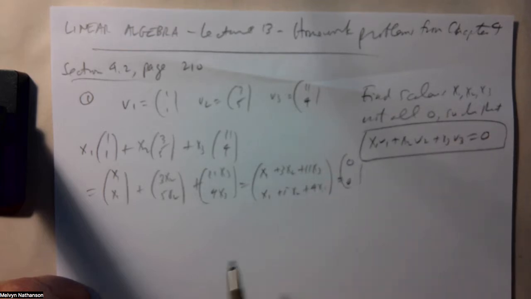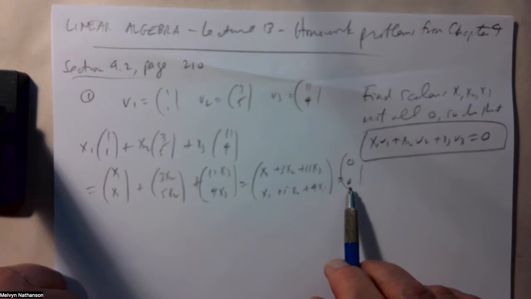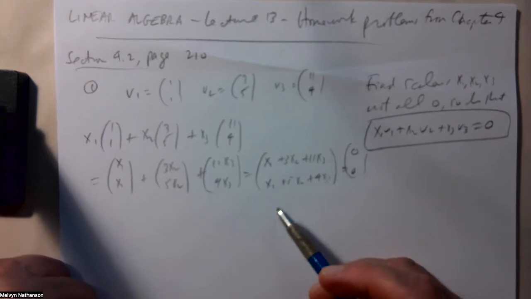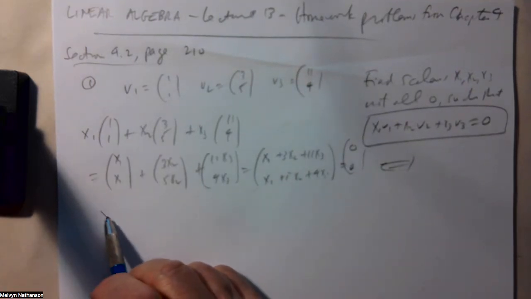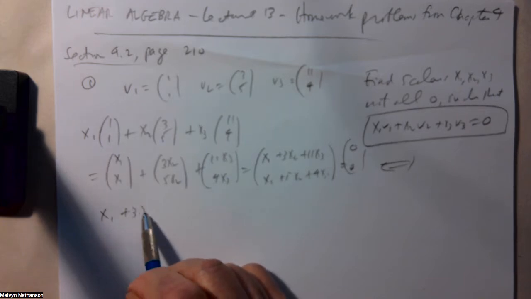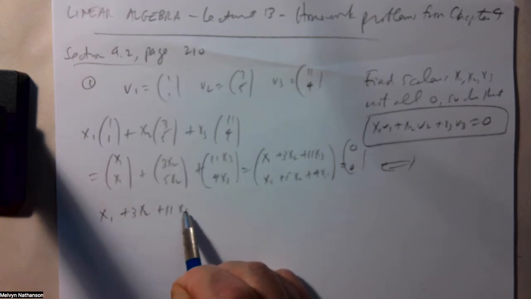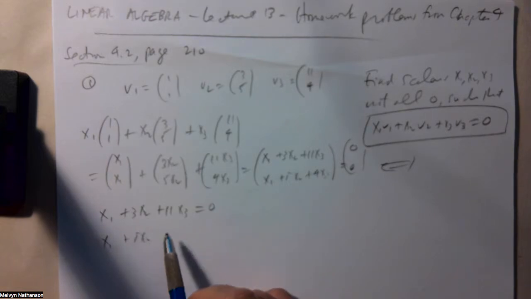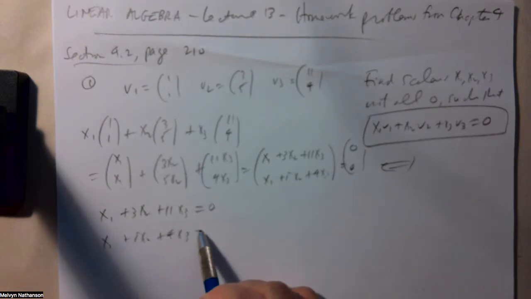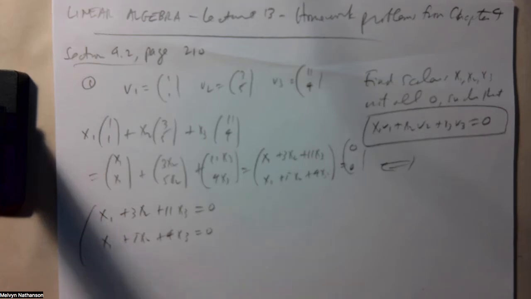And we want to find scalars x1, x2, x3 such that this is the zero vector. So this is equivalent to the system of homogeneous equations, x1 plus 3x2 plus 11x3 equals 0, and x1 plus 5x2 plus 4x3 equals 0.